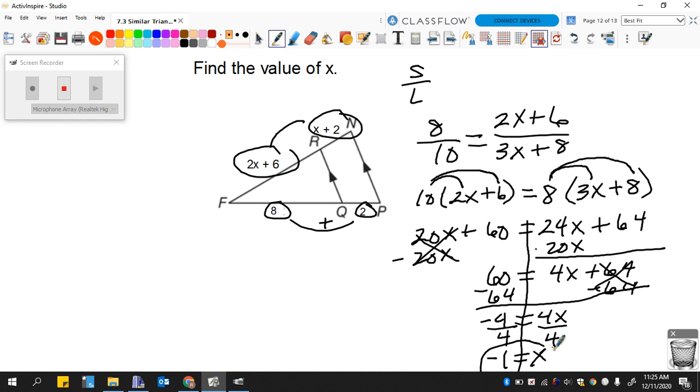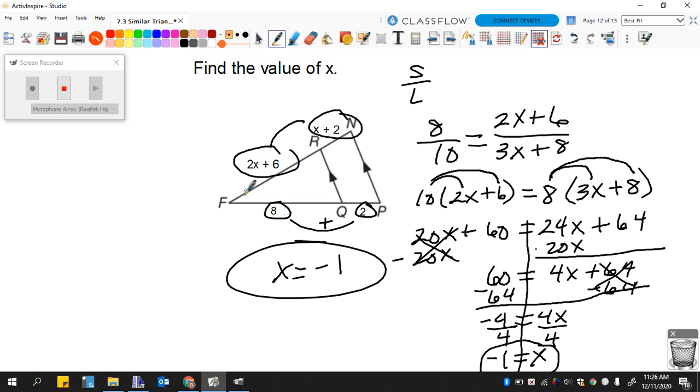Well, you might think, wait a minute. You can't have a negative number for a side length, okay? But this is not a side length. This is the value of x. X is equal to negative 1. And so if we were asked to figure out what the side length is, we could say 2 times negative 1 is negative 2 plus 6 is 4.